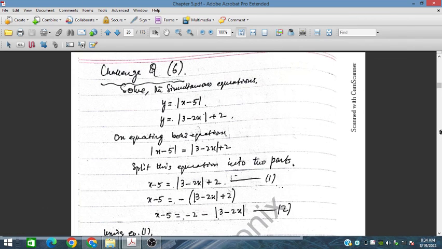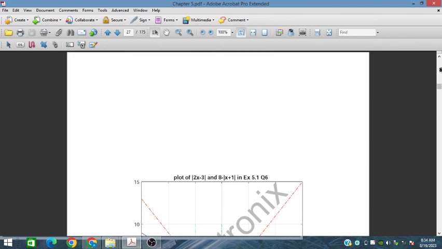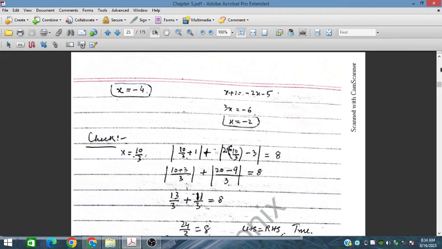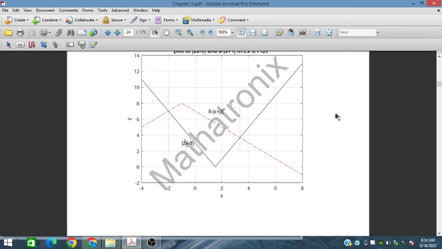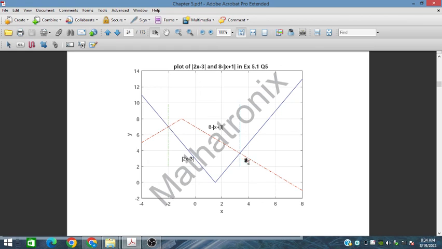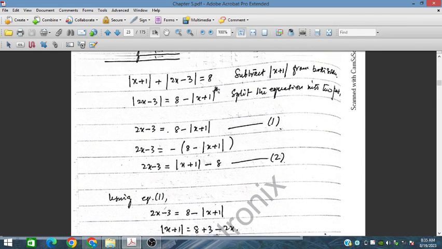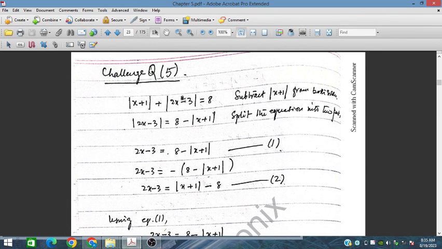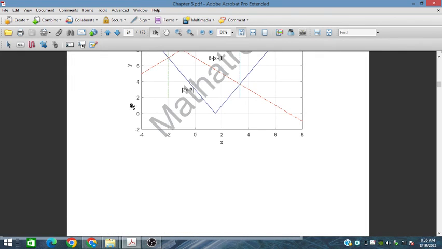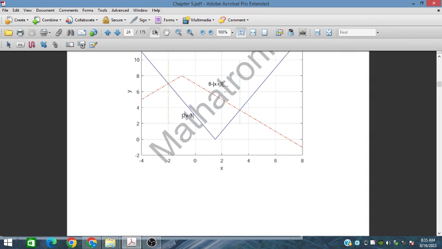It can be seen on the graph. So this one is a solution and this is a solution, and the rest are not solutions. So this curve and this curve. This is question number 5. So on graphical plotting, this curve is this, and this is the mirror image.